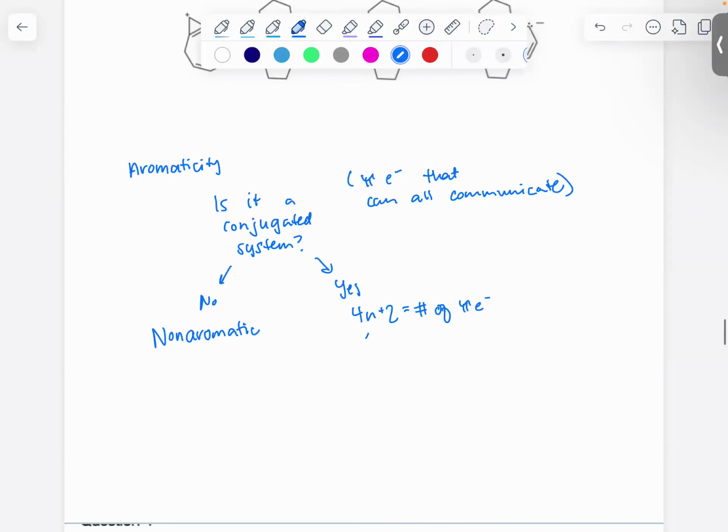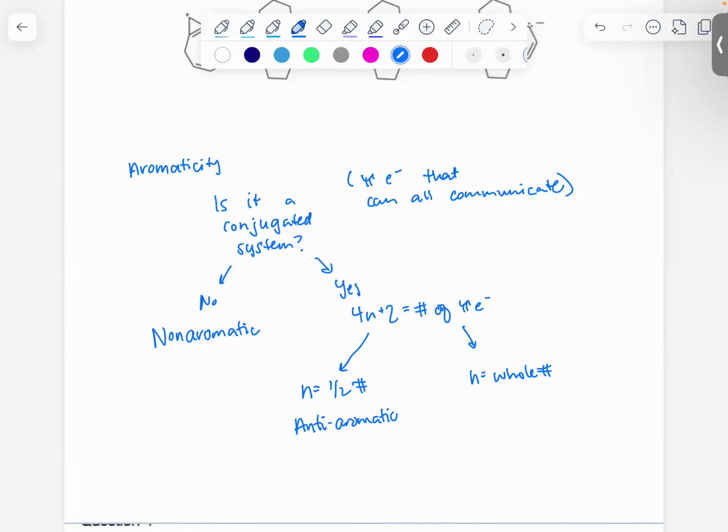From that equation, n will either equal a half number or n will equal a whole number. If it equals a half number, that is where we get anti-aromatic.